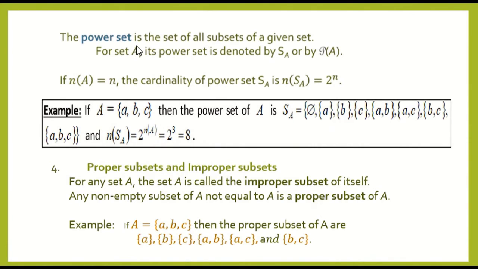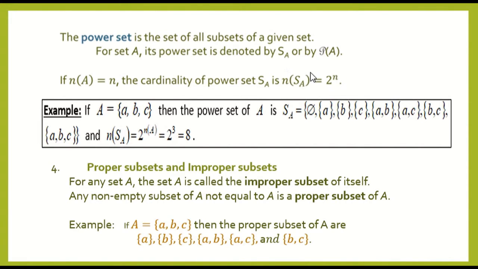Okay, the power set is the set of all subsets of a given set. For set A, its power set is denoted by S sub A or by P of A. So, atong gigamit ron is kaning S sub A. If n of A is equal to n, the cardinality of power set S sub A is n of S sub A is equal to 2 to the power of n.